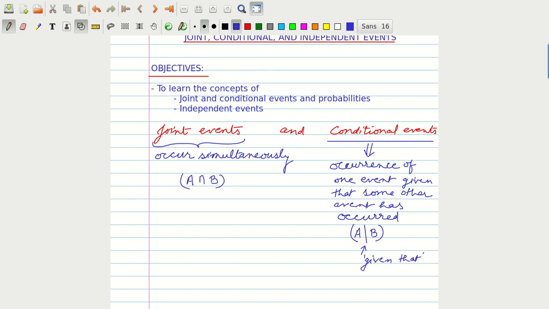A given that B has occurred, or A given B.